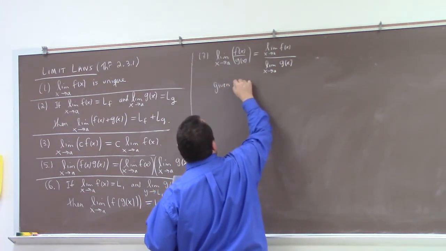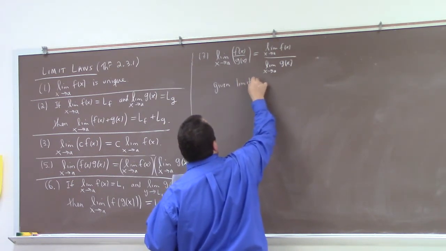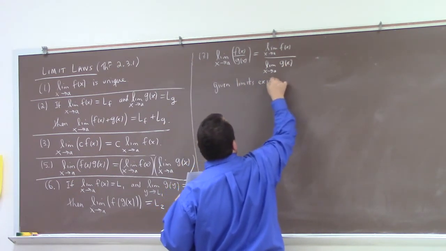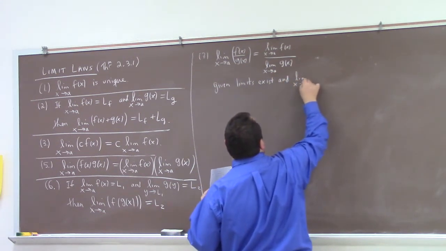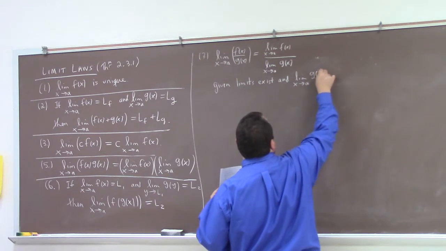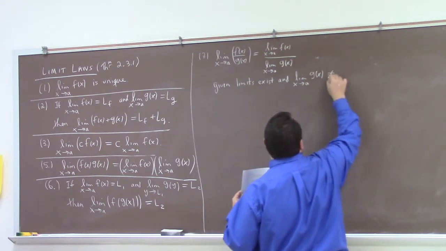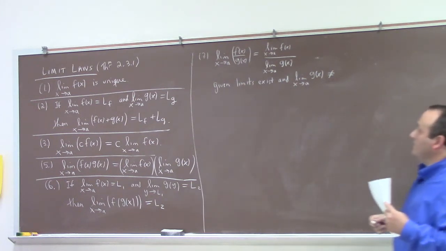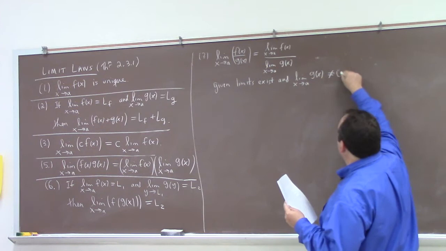You know, limits exist. And what do we need to know about the limit as x goes to a of g of x in order to make this rule? It's not equal to what? Not equal to 0, right? Otherwise, we certainly couldn't divide by it.